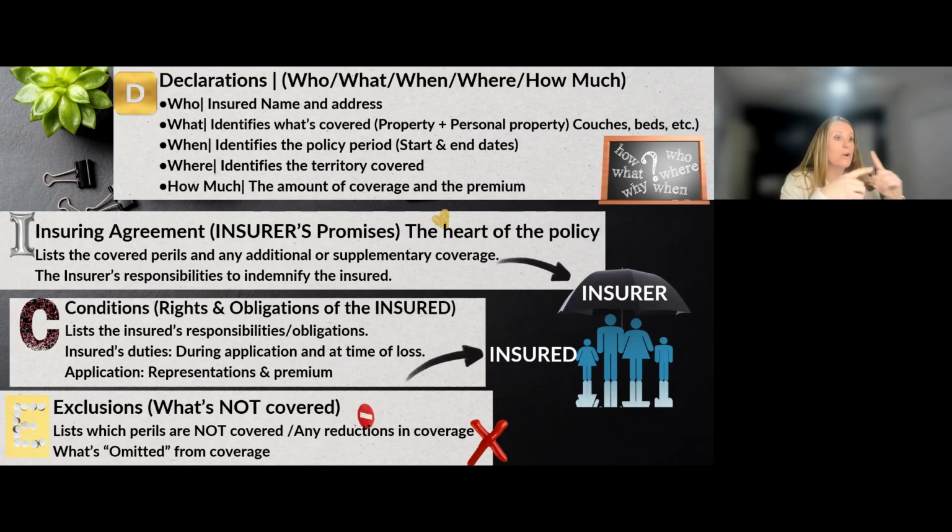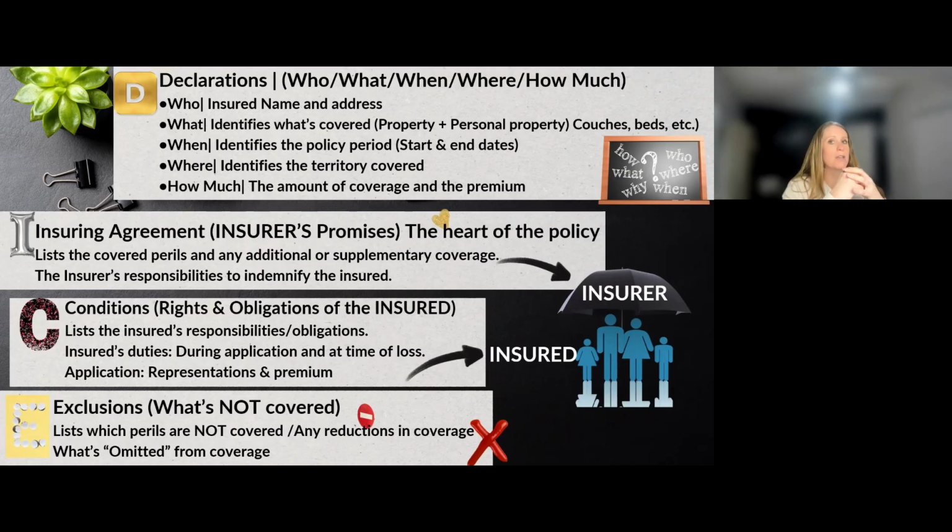I have another video where I went into detail about where that policy territory differs for each policy, so check that out if you're struggling with that, because it is different for each type of policy. And then the how much, that's talking about your coverages, so what is the premium, as well as what are the policy limits. So that's your who, what, when, where, and how much, all falls under the declarations.